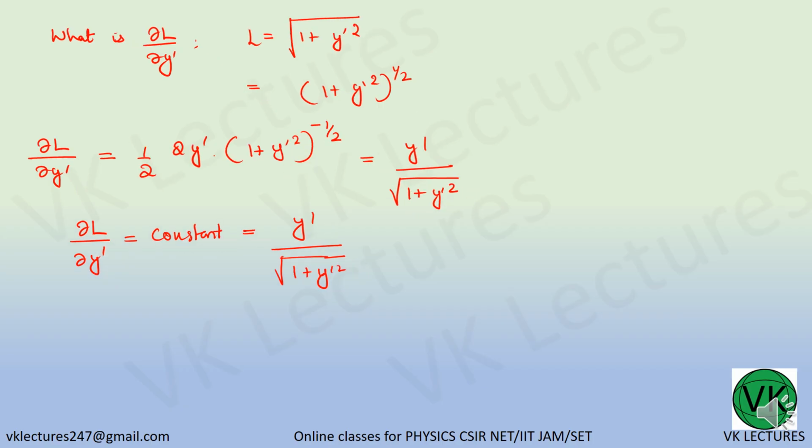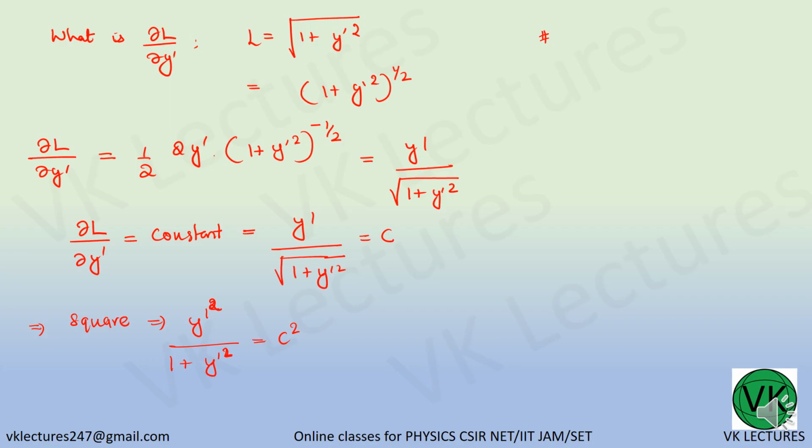Let's write it as some constant c. Now for simplicity, let us square it. Squaring, what we get is y'^2 divided by 1 + y'^2 equal to c^2.